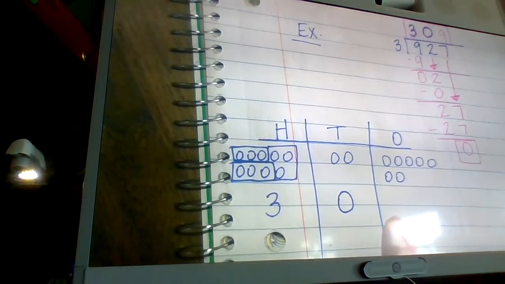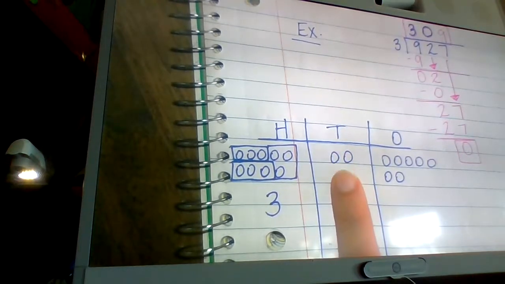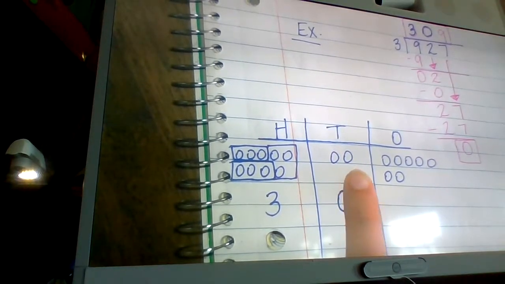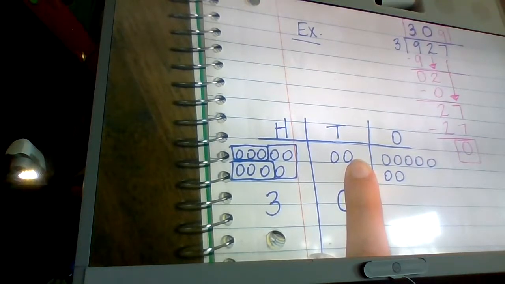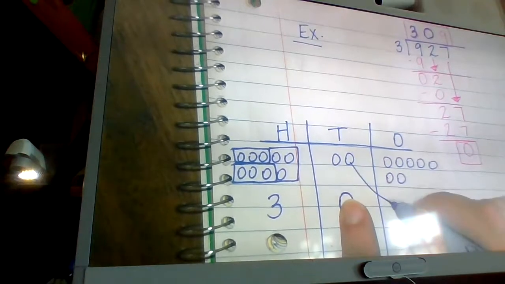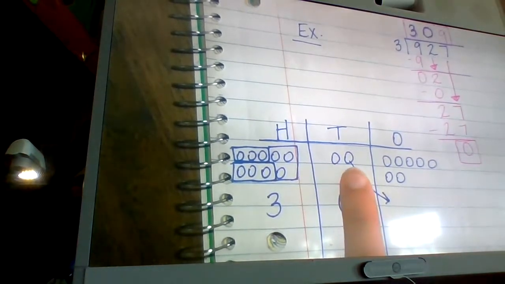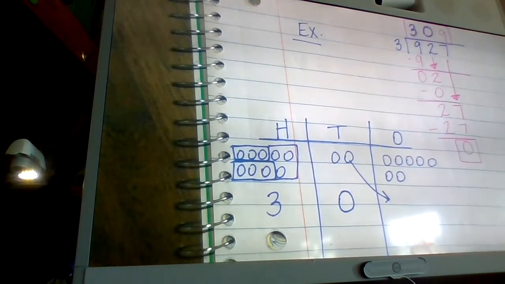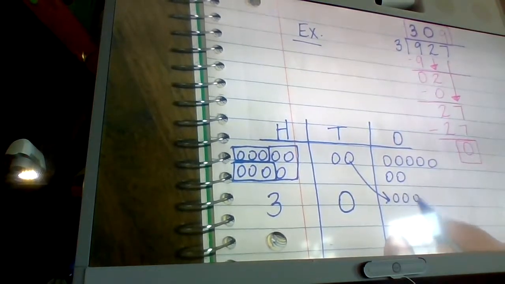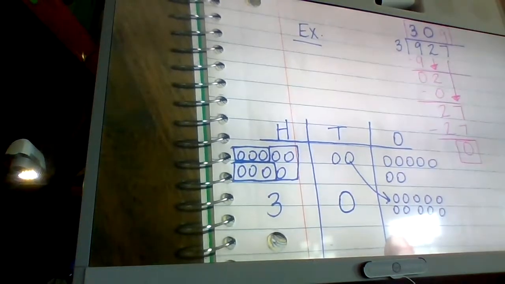So now what I'm going to do is take these 2 groups of 10 and move them over to the ones place. I do this because I know that one group of 10 is the exact same thing as 10 ones. So this will move over to the ones place. This is one group of 10, so I'm going to visualize it as a group of 10. 1, 2, 3, 4, 5, 6, 7, 8, 9, 10.